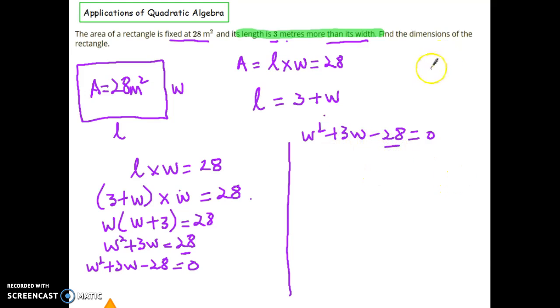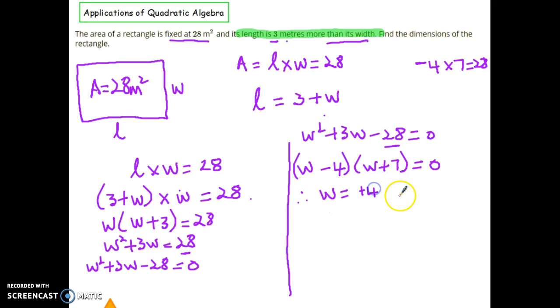So I have 4 times 7 equals 28. If I make this a minus and the 7 a plus, I'm going to get a plus 3. So my brackets become W minus 4, W plus 7 equals 0. Null factor law is telling me therefore W is either positive 4 or minus 7.